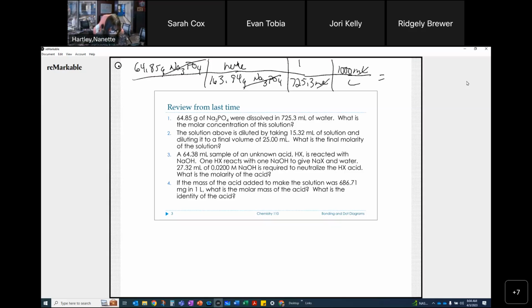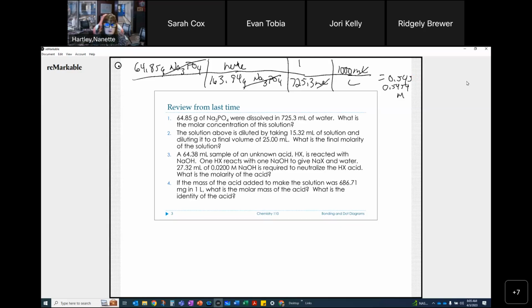So 64.85 divided by the 163.94, divided by the 725.3 and multiplied by 1,000. And that gives me 0.5454. And that's molar. Again, moles per liter.